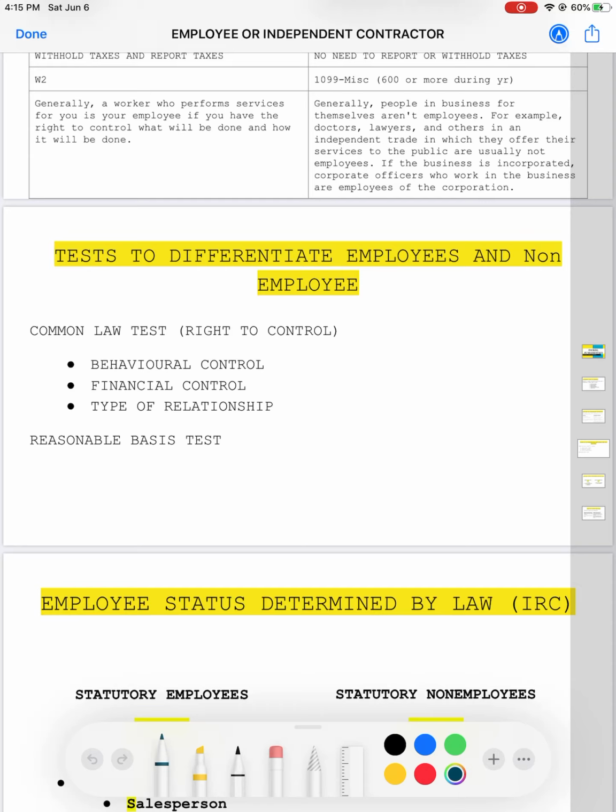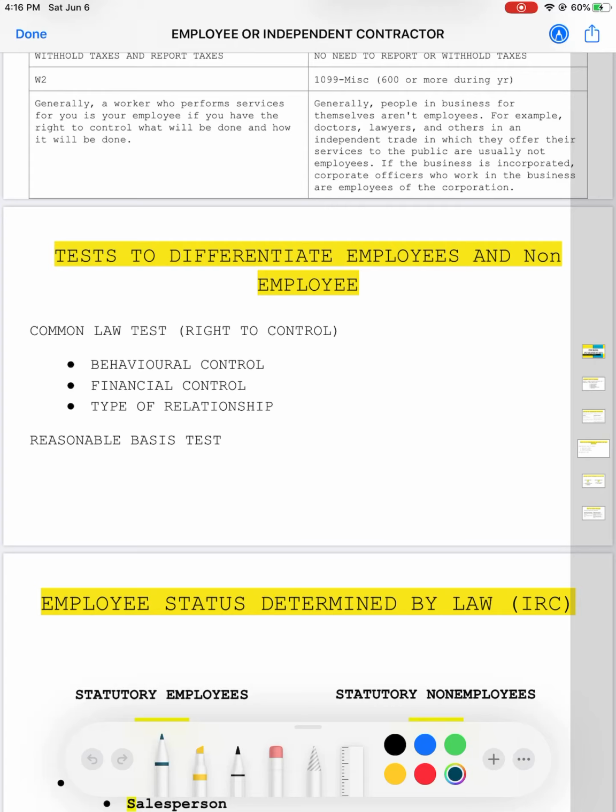So, talking about the behavioral control, the factors that determine the right to control the details and the means by which the worker performs the work include the level of instructions that the employer gives to the worker and the training provided to the worker. And the financial control is whether the worker has any unreimbursed business expenses.